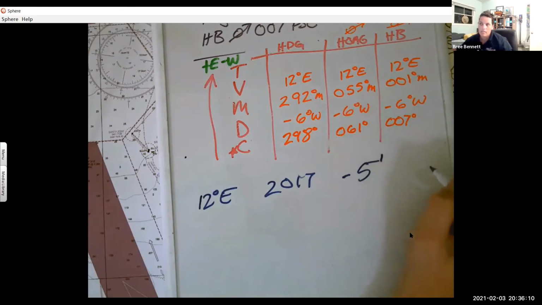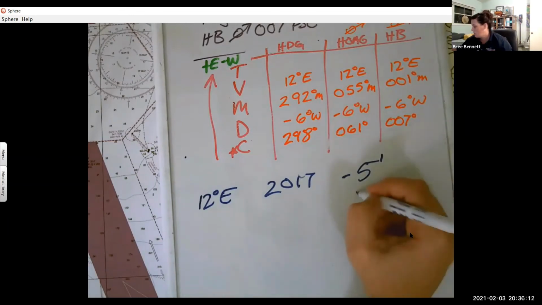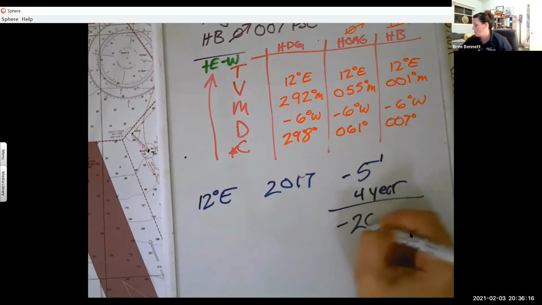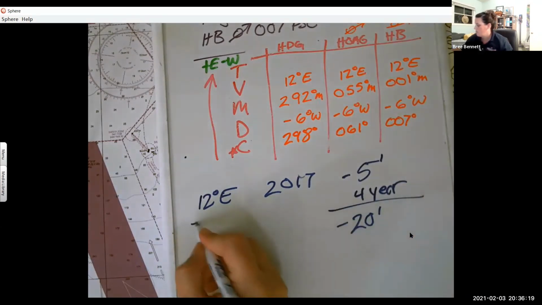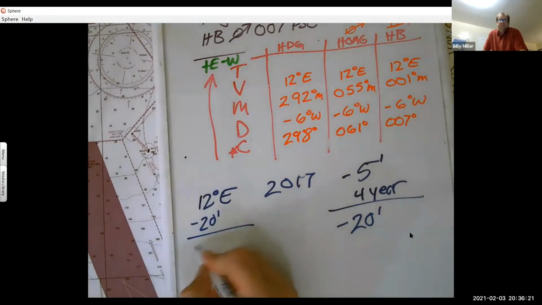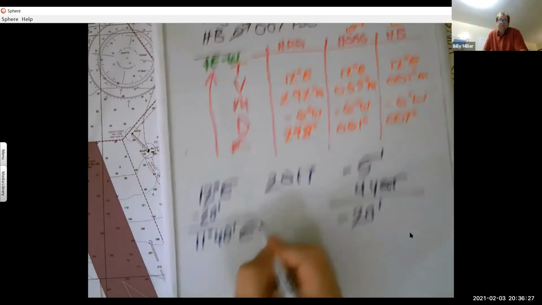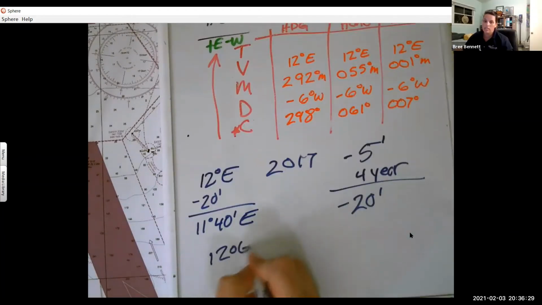So that's 4 years, so we're subtracting 20 minutes. It was still 11:40 which rounded up to 12 east. We're still going to use 12 degrees east.